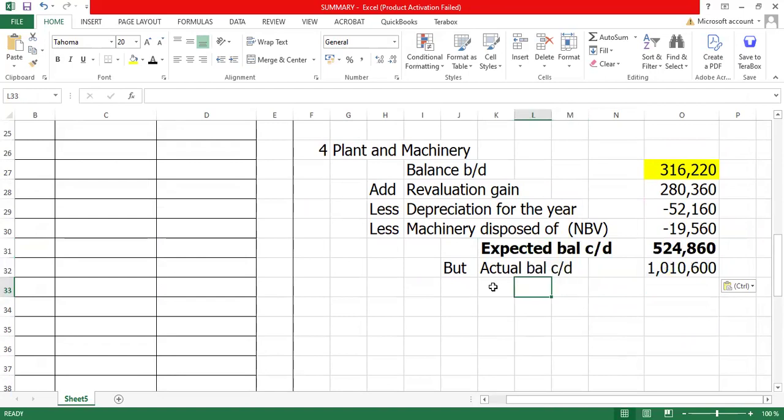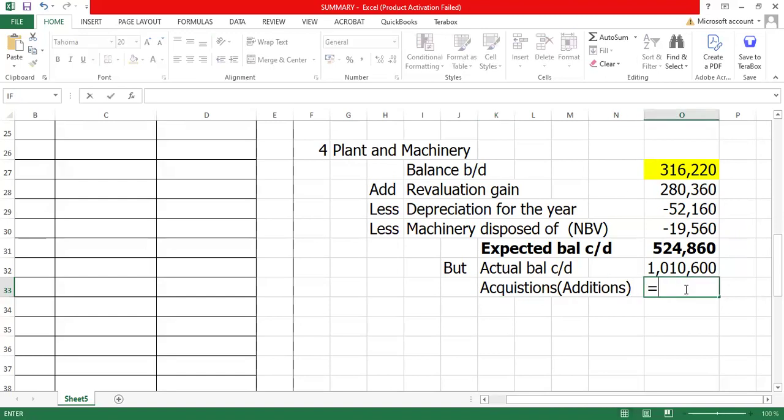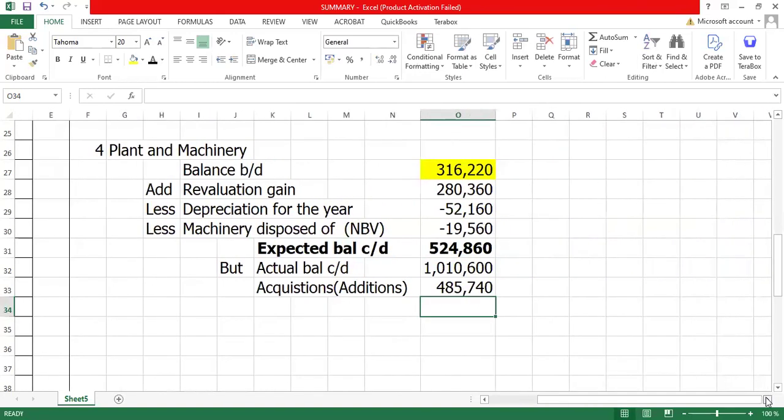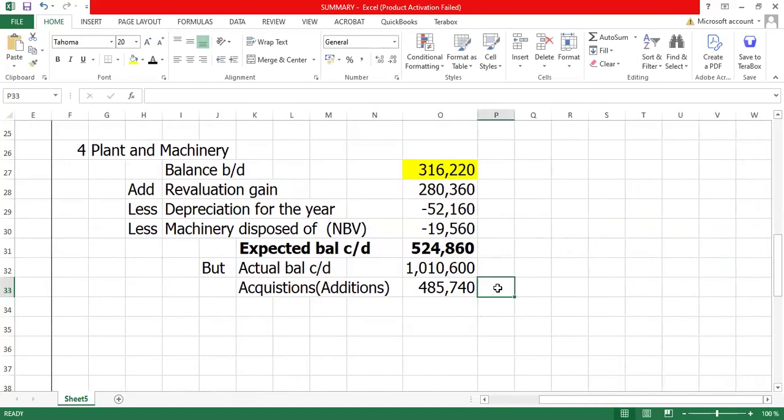So it means that the company acquired more. You have the acquisitions for the year, or the additions. You have the additions made during the year. It means that the company purchased more plant and machinery. Okay, it means that the company purchased or acquired more plant and machinery.